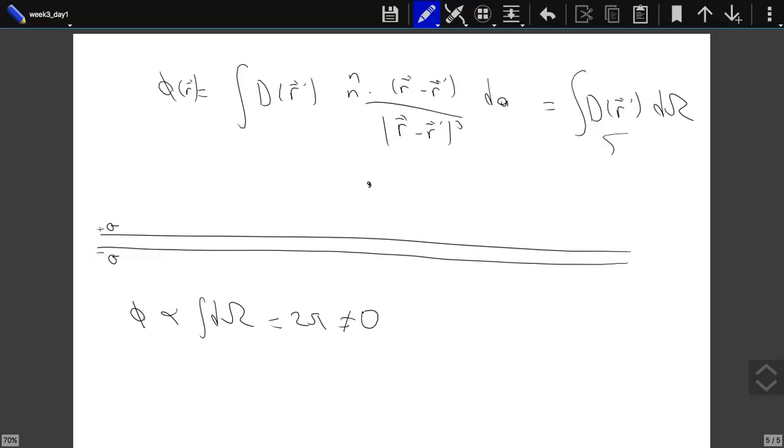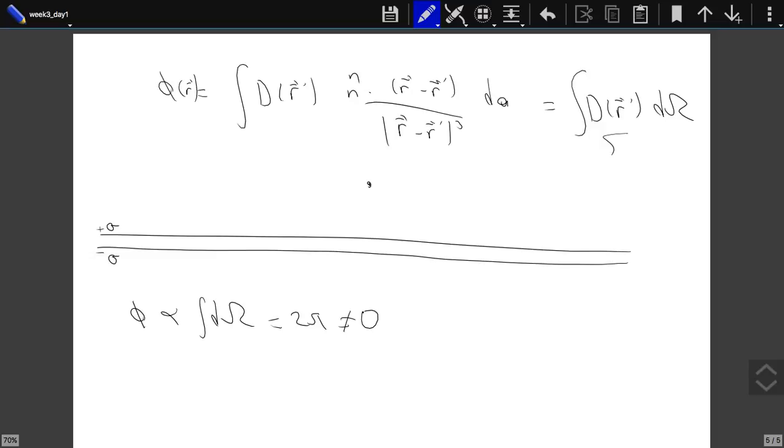So if the electric field is zero in a certain region, what can you say about the potential? Constant. That's what we find. You see, this 2 pi doesn't depend on which point we are at, so it's just a constant. So there's no problem. The potential is non-zero, and the potential has to be continuous. Of course, in general, we set the potential at infinity to be zero, but for an infinite layer, we cannot even do that.